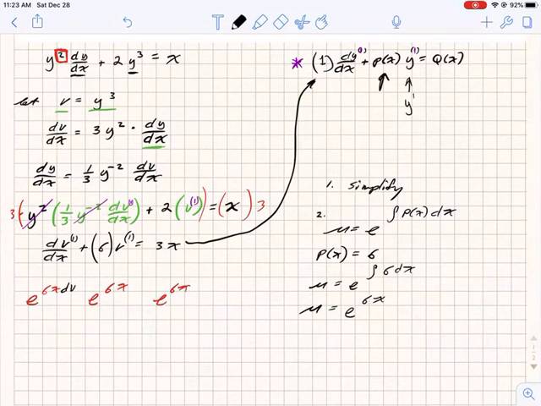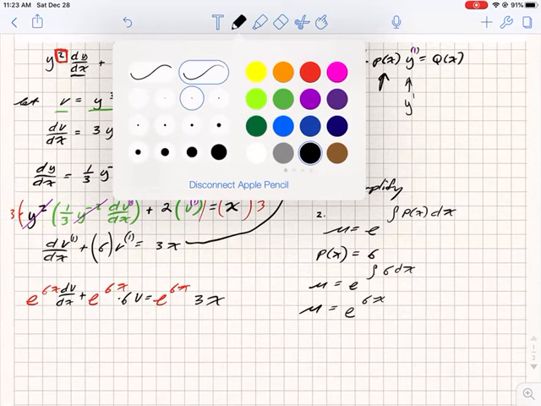So this is dv over dx plus 6v is equal to, and then we have a 3x here. Take a second to process.